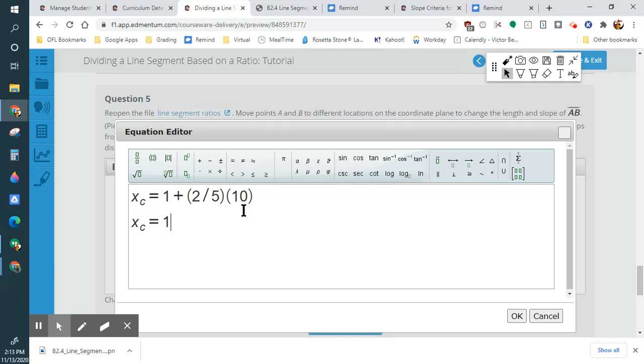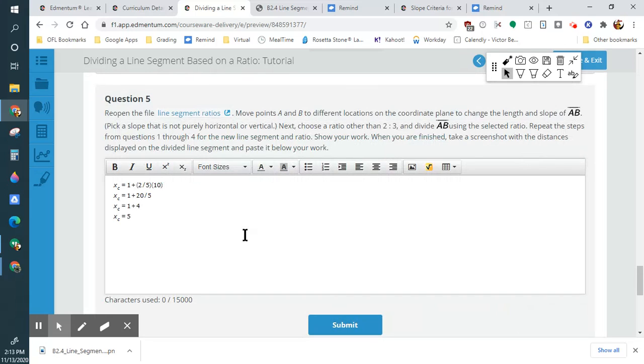So we're going to do 2 plus 20 over 5. This makes it easy because the reason I wanted you to make it divisible by 5 is, guess what? Now when you do these 2/5, it's nice and simple. So now we get 1 plus 4. So we get x sub c equals 5, right? So we're going to put that in there.